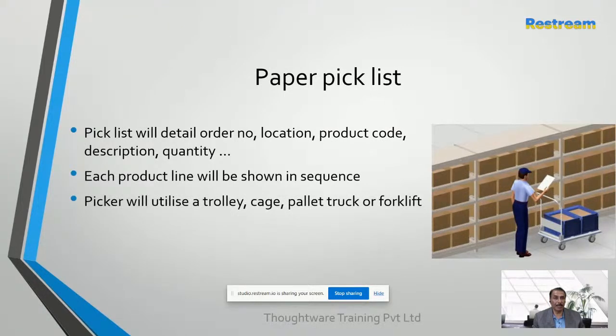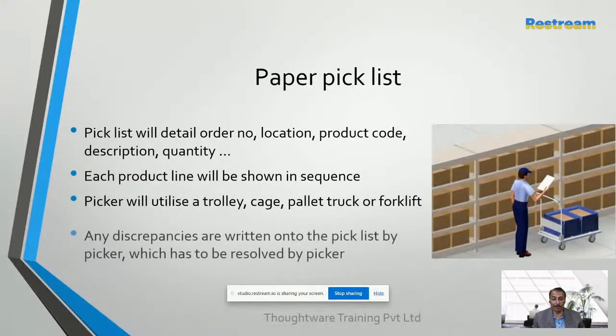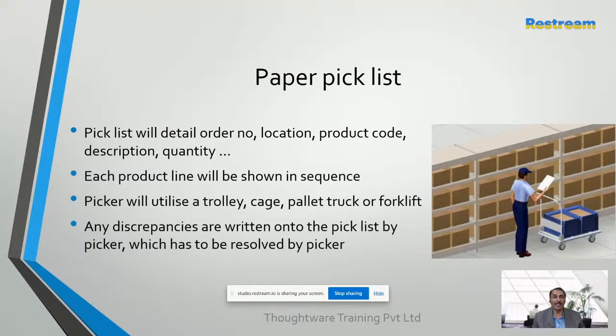Possibly the picker will utilize a trolley, cage, pallet truck or forklift depending upon the weight of the items being lifted. Any discrepancy, like some stock not being available or a quantity mismatch, will be written on this particular pick list, which has to be resolved by the picker or his next reporting authority.